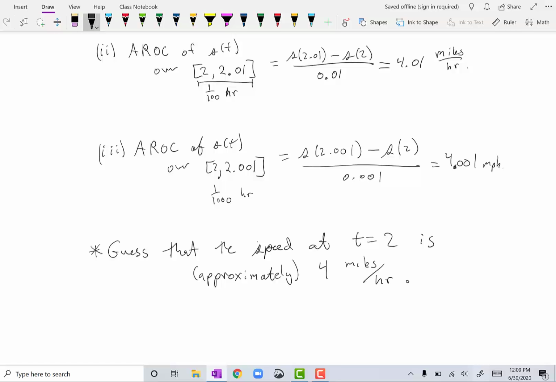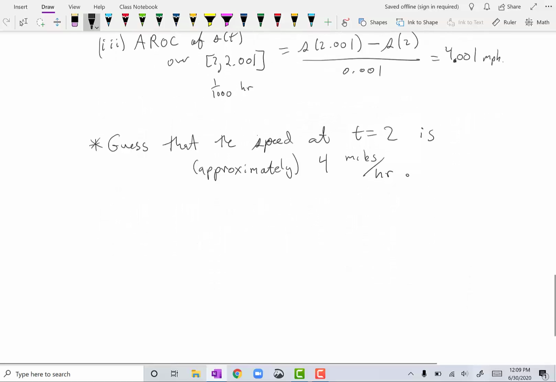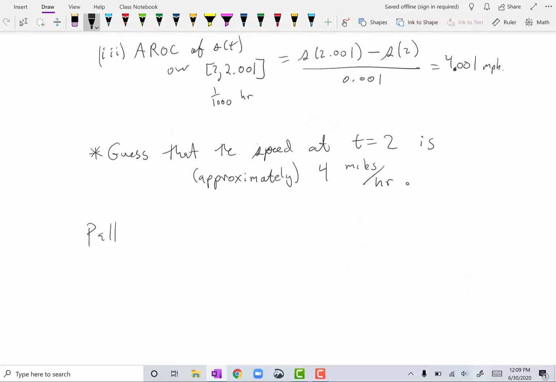And so if you look at what we're doing here, what's the pattern that's going on? The pattern is we're calculating average rate of change over an interval where it goes from 2 to 2 plus a little bit. And that little bit I'm just going to call h.